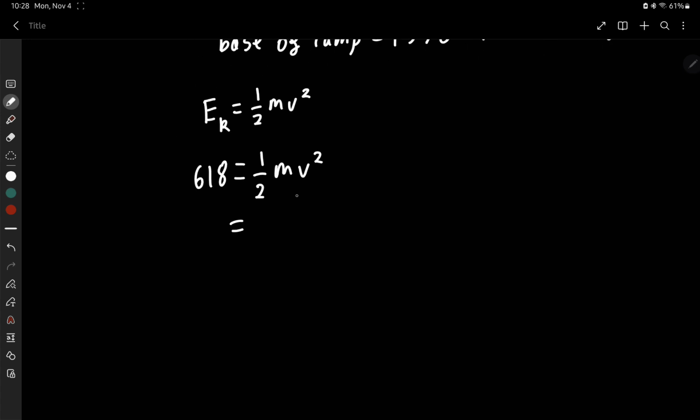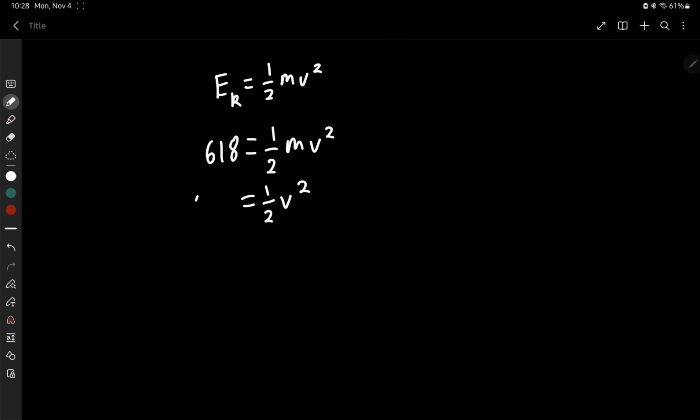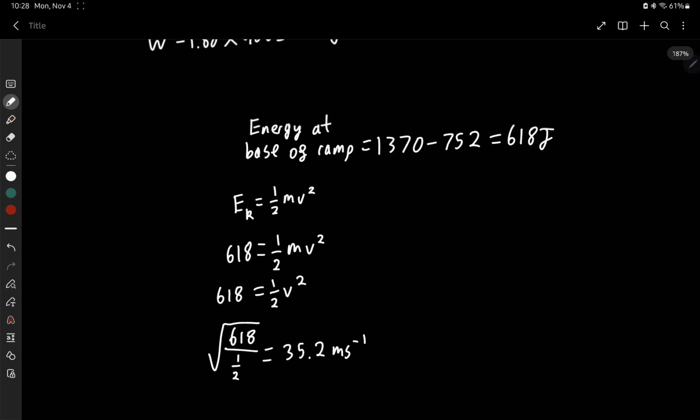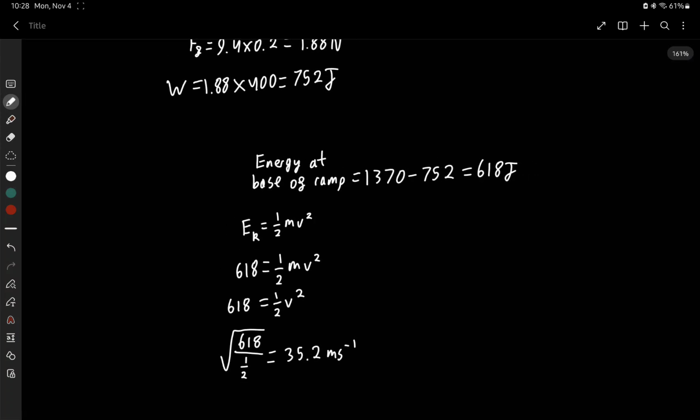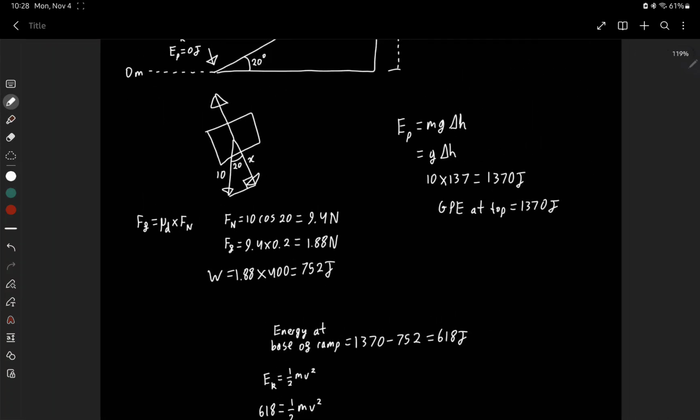Remember, mass is not given to us, so we can just consider that not an actual variable and do some rearranging to get the square root of 618 over a half, which should give you 35.2 meters a second. I rounded that, so that is the answer to the question.